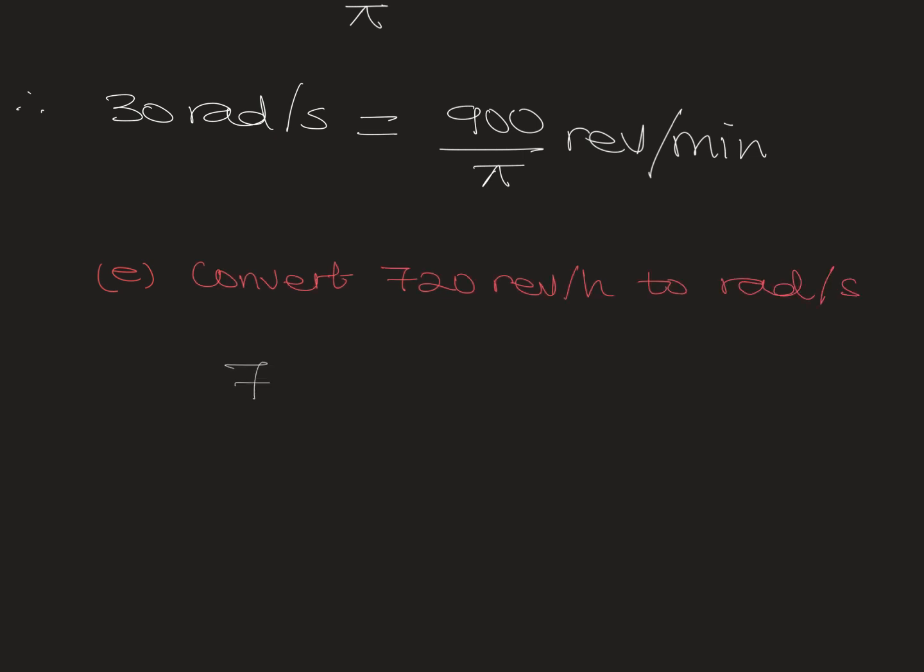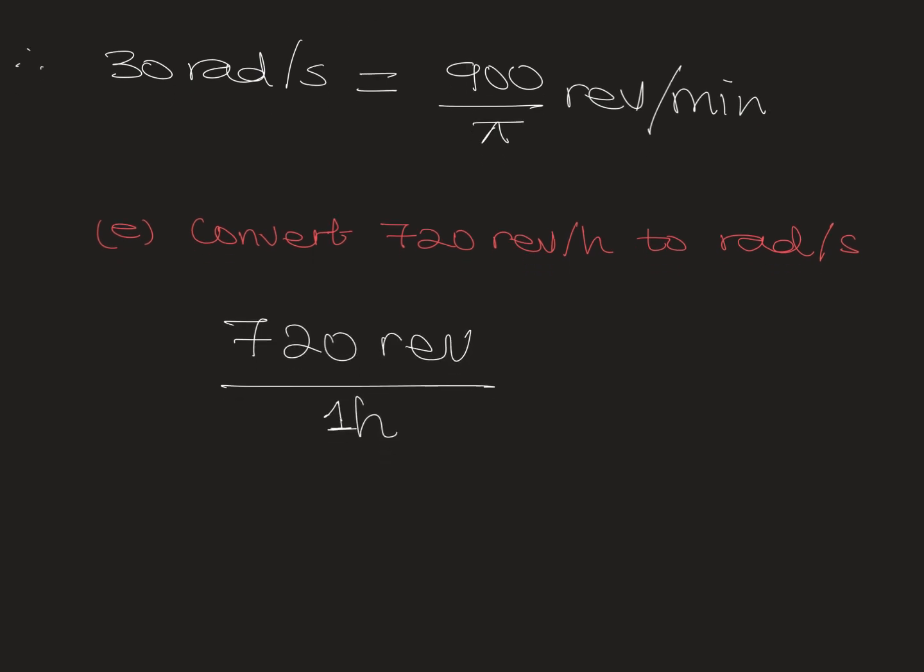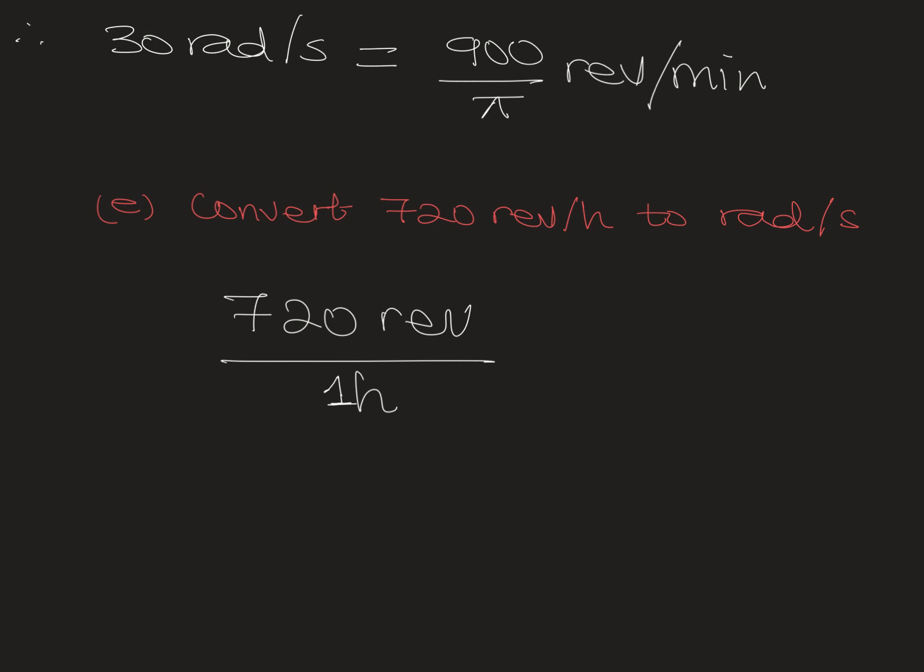So we have 720 revolutions per hour, and we want to convert to radians per second. So the unit of time has changed from hours to seconds. So let's first try to do that conversion.